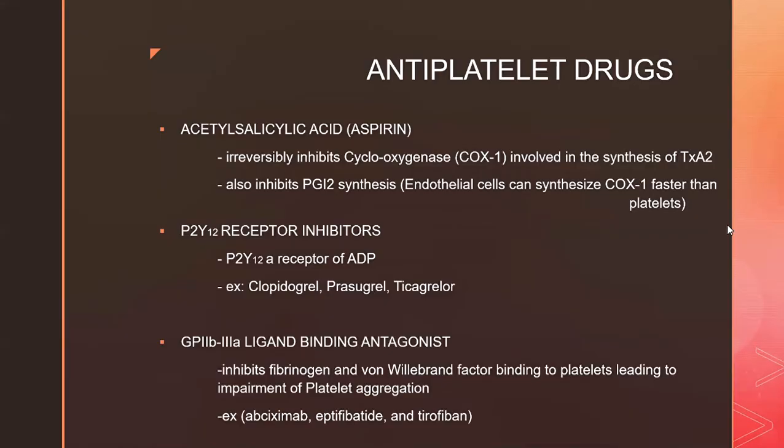Okay? Now, once cyclooxygenase is inhibited, mawawalan ka ng prostaglandins, mawawalan ka rin ng thromboxane. Thromboxane is a potent aggregator as we talked about. So, pag ang patient mag-take ng aspirin, mag-decrease yung kanyang platelet aggregation because wala ng thromboxane. That is the effect of your aspirin.